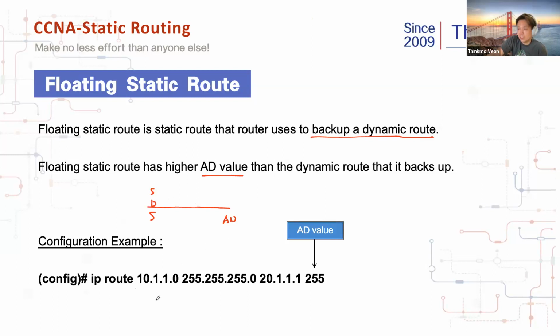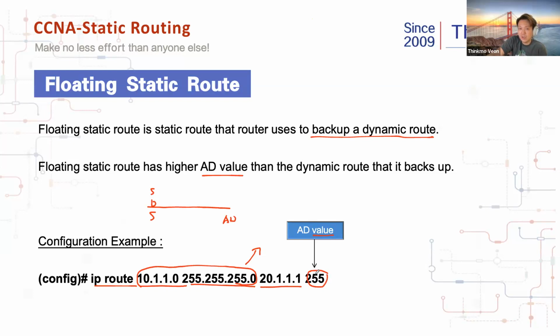For example, here I have an IP route pointing to the destination 10.1.1.0/24, with the next hop 20.1.1.1. This one is the backup route for another dynamic routing. For example, if the dynamic routing also learns the route to the same destination with another next hop, and then this dynamic routing fails, meaning that next hop is not working, then this floating route will take effect, because 255 is configured here as the highest AD value.